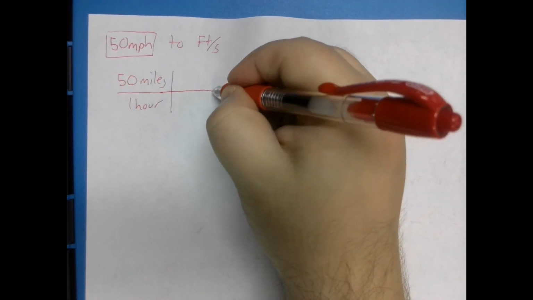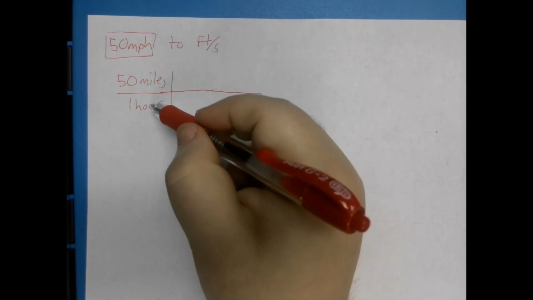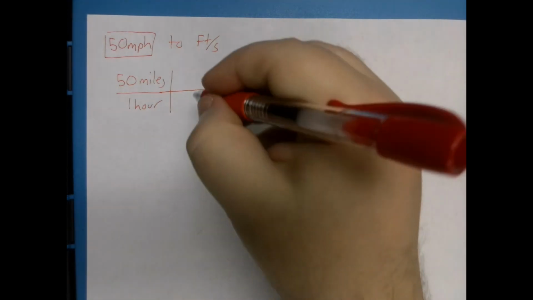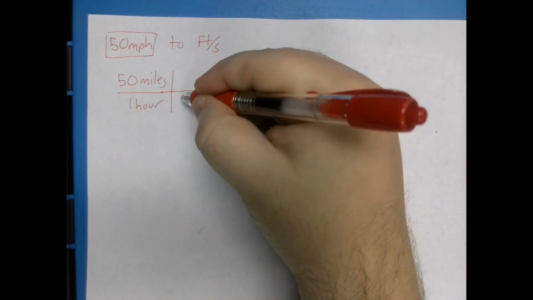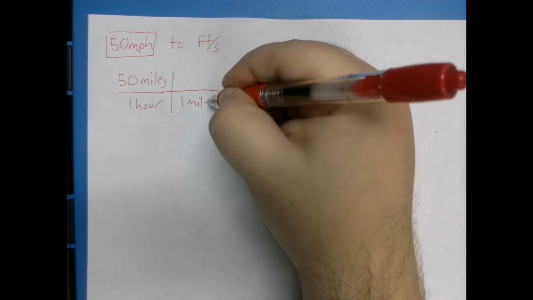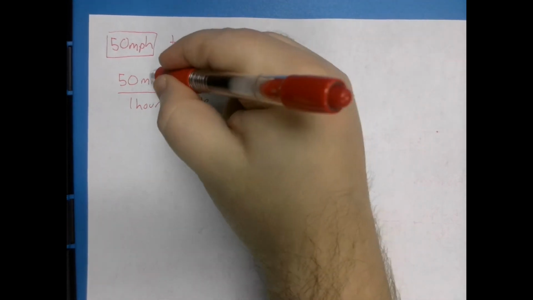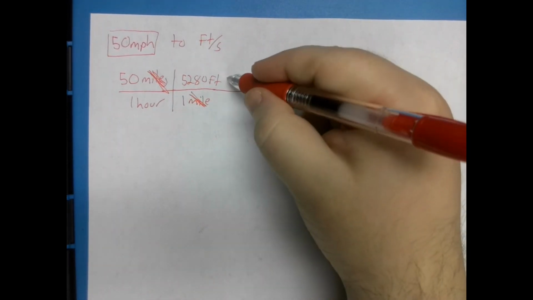We can approach this in multiple different ways. We have to convert miles into feet and hours into seconds. It doesn't matter which way you do it. Let's start with miles. So we know that 1 mile is equal to 5,280 feet. So miles cancel out. Now we're in feet per hour.